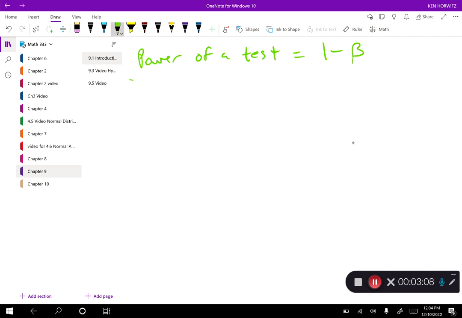I'm going to use an example to try to help. Suppose we are about to sample 16 values, so n equals 16, from a normally distributed population where our sigma equals 8, but mu is unknown.